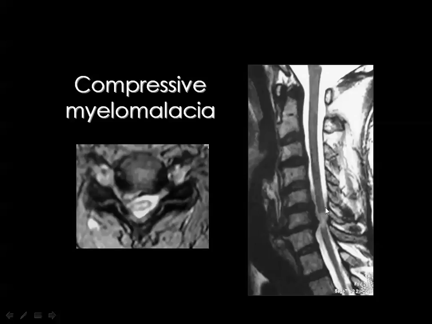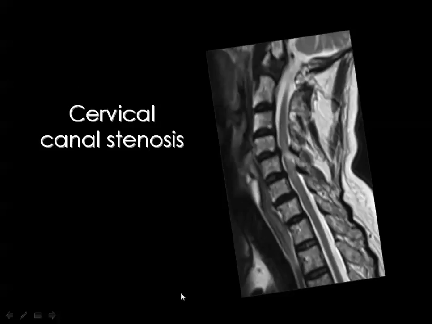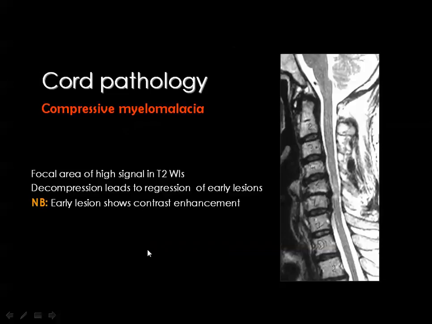Because there is a change in the cord parenchymal signal at this level, meaning that there is one of the three previously mentioned lesions. Then here you see a disc at C4-5 and the ligamentum flavum, and consequently there is an area of abnormal signal within the cord substance. And this is also a C5-6 disc lesion with a focal area of bright signal within the substance of the cord.